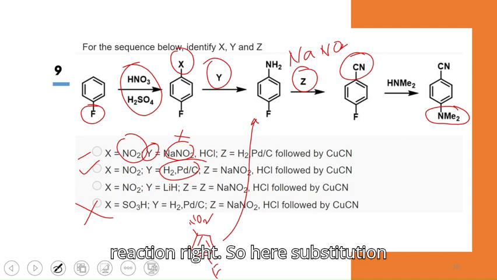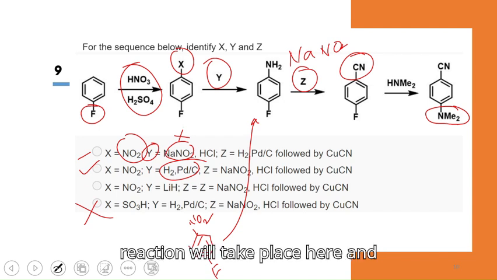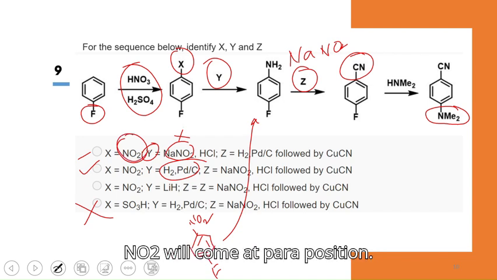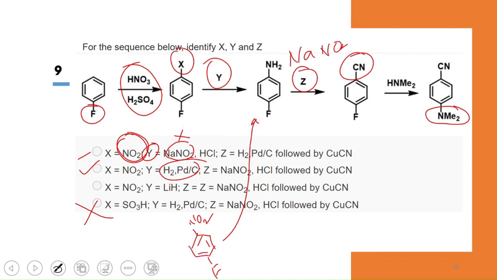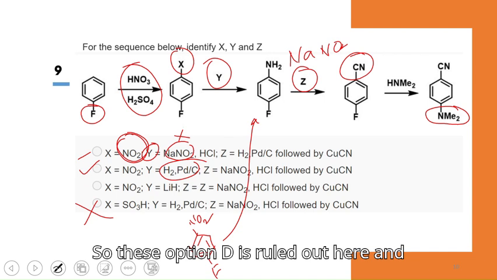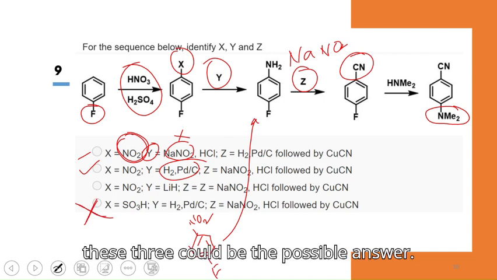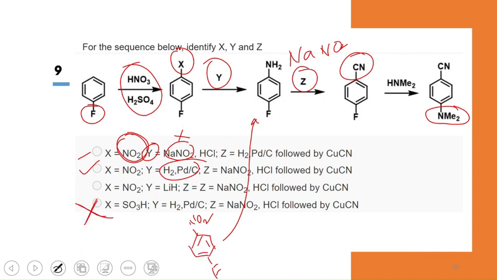So here substitution reaction will take place, and NO2 will come at the para position. So option D is ruled out here, and these three could be the possible answers.